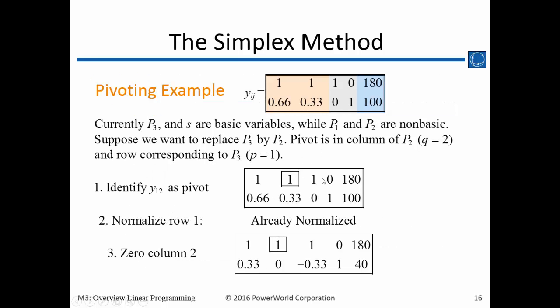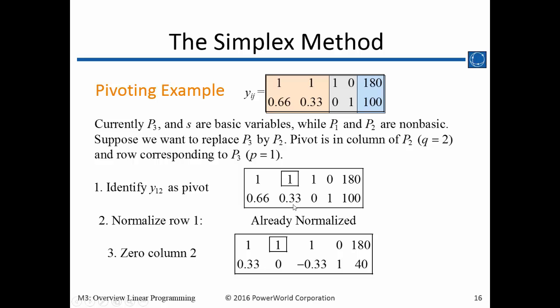Like I said, to do the pivot, it's basically going to first identify an element to pivot around, and it does that by looking at costs. And that's kind of shown in the subsequent slide. But if we assume that we're going to pivot around this point right here, then what it'll do is normalize that variable so that it's equal to 1 by either multiplying or dividing the entire row by a constant. In this case, it's already 1, so it doesn't need to do anything.